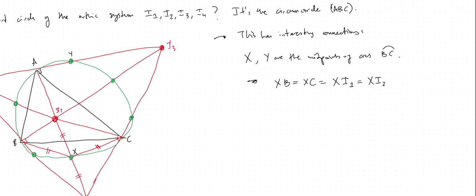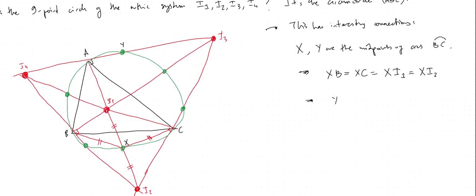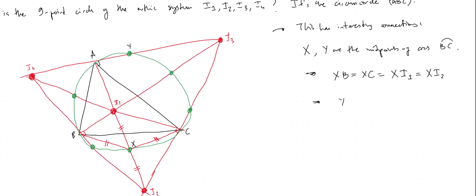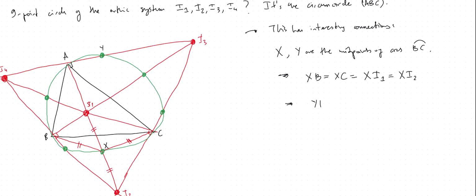And for Y, what equality do you have? YI3 equals YI4 equals... not YI1. You can have two things from the I's and two things from the vertices. You must have the same format.